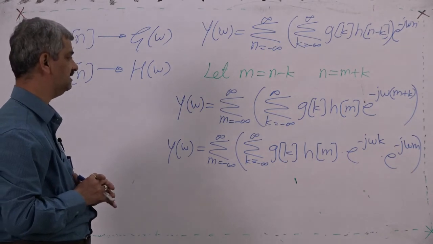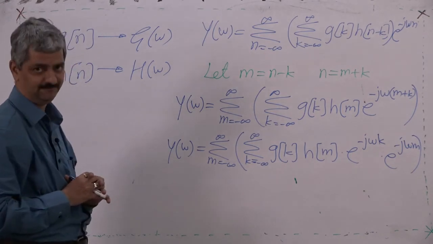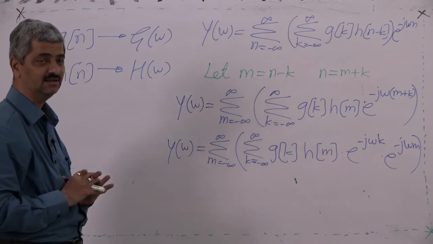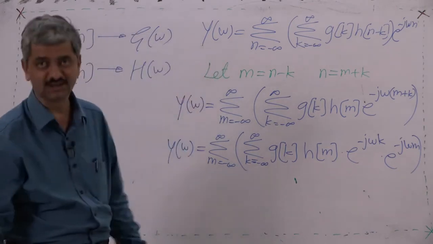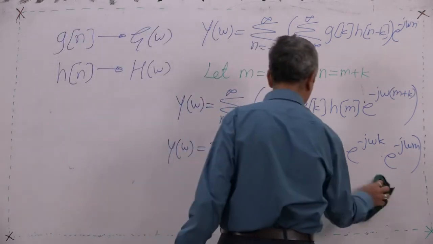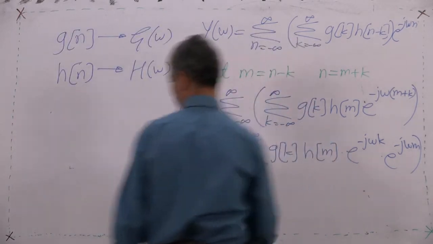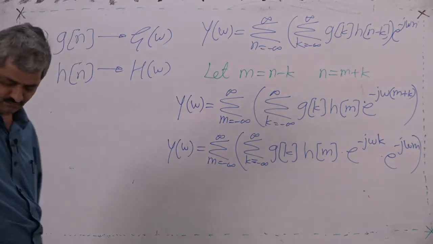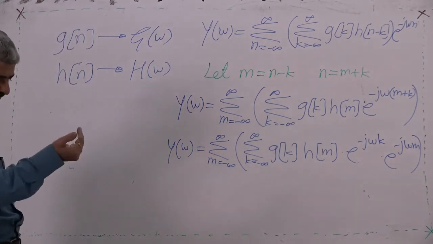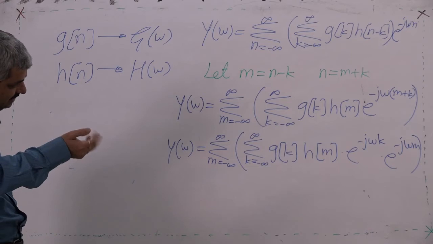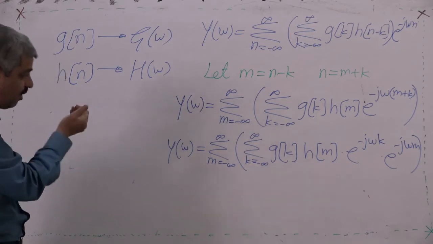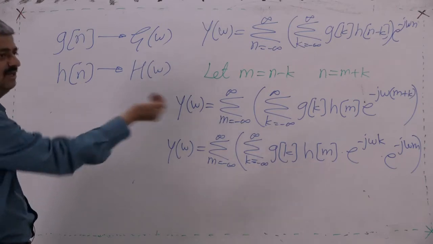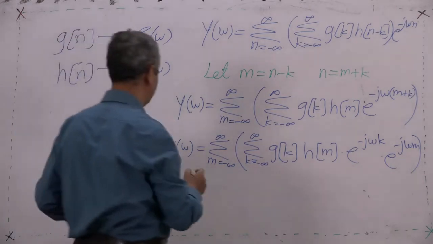If we look at the internal summation, it is summation over k. So the terms which do not contain k are constants for that summation. When we have summation over k, something which does not contain k can be brought out or in by multiplication or division. So what will come out?